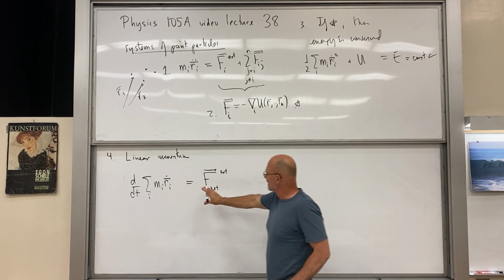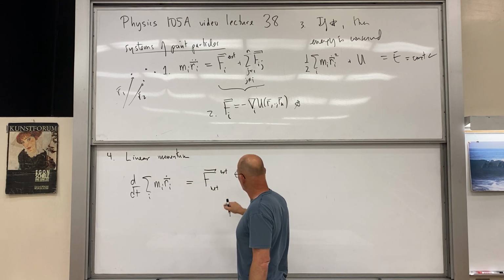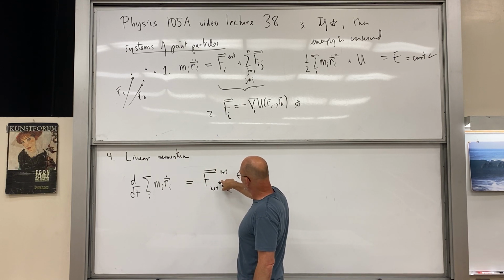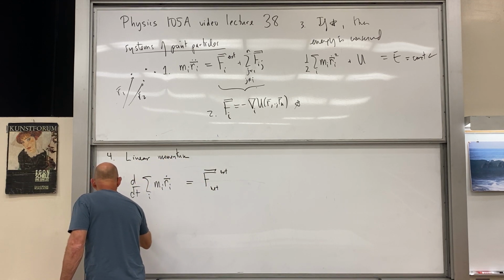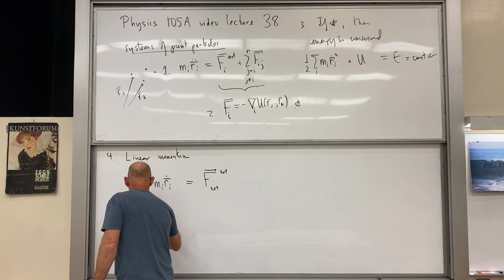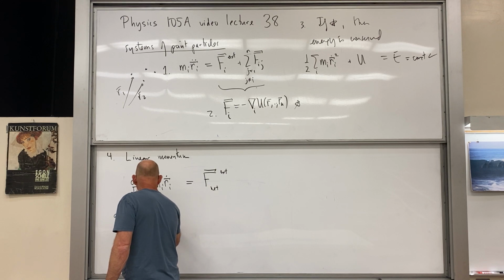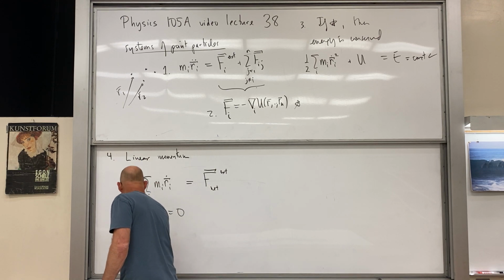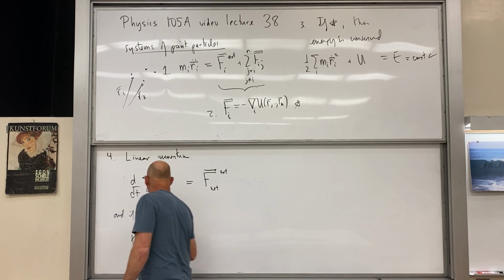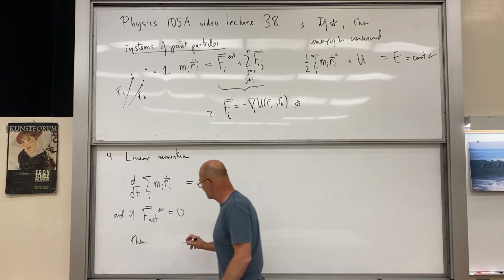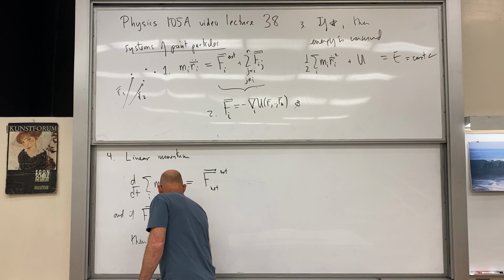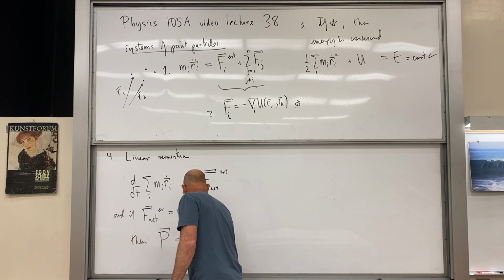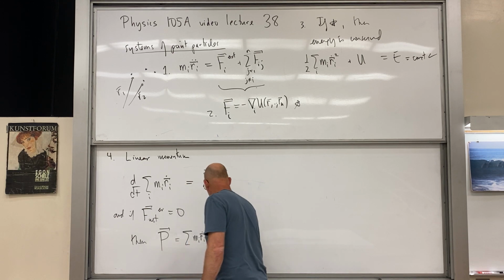So linear momentum, we have this. If the net external force is equal to 0, F net external equals 0, then this total linear momentum P, equals the sum over m_i r_i dot, is equal to a constant.